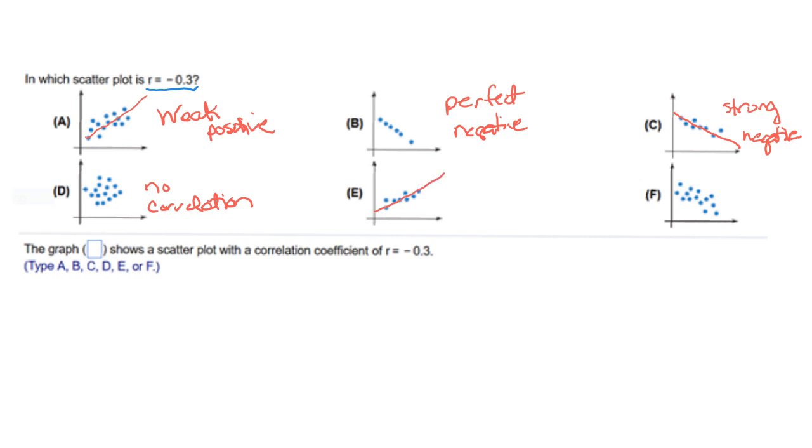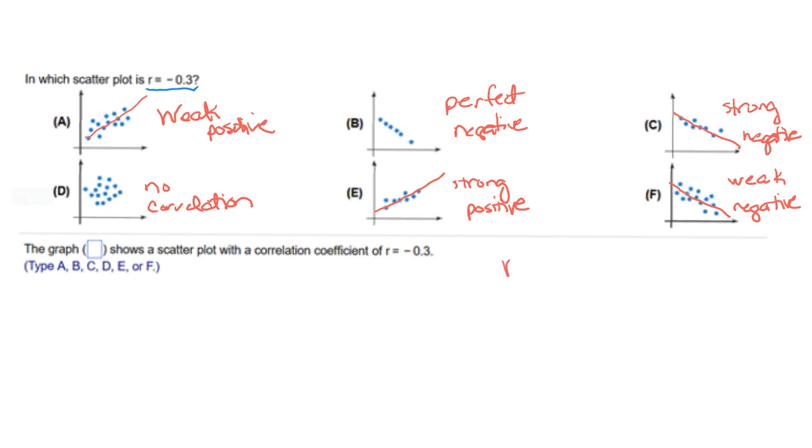A lot of points are close to that line, so that would be considered a strong positive correlation. And then the last one here, let's take a look. It looks like it's decreasing. And so although it's decreasing, a lot of points are away from the line, so this is considered a weak negative correlation.